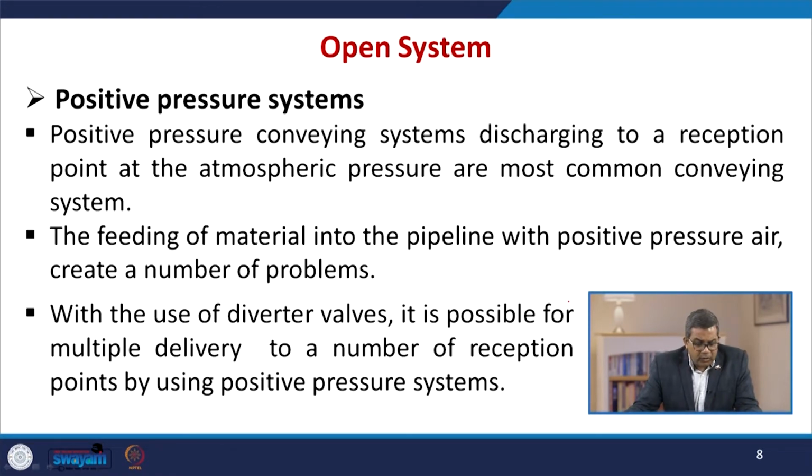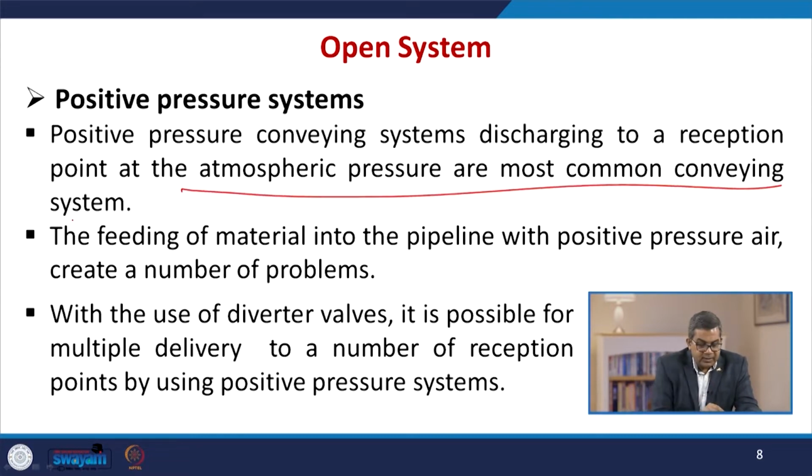So, let us talk about the positive pressure system. Positive pressure conveying systems discharging to a reception point at atmospheric pressure are the most common conveying systems. Feeding the material into the pipeline with positive pressure air creates a number of problems.